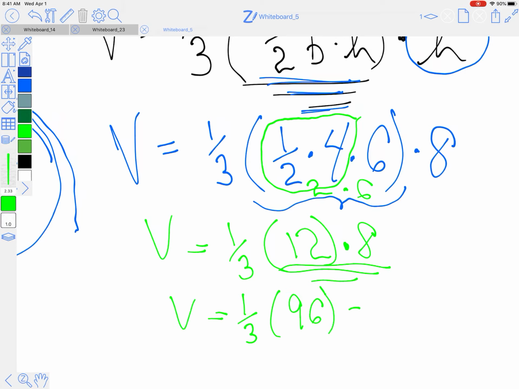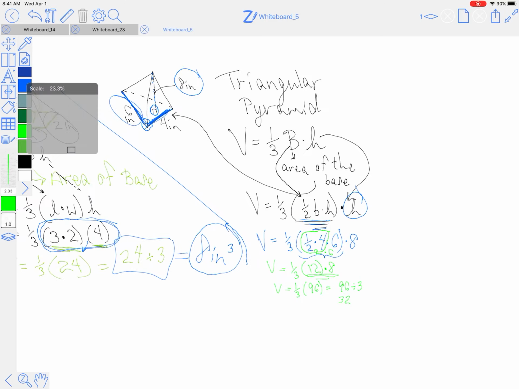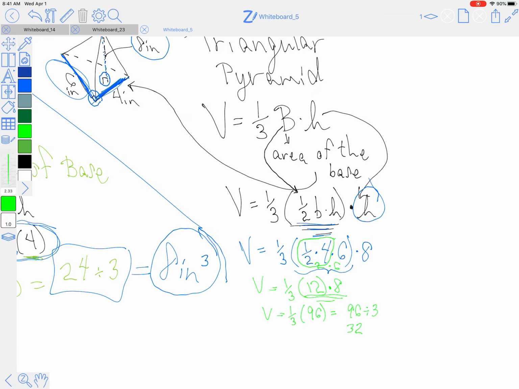Multiplying that by 1/3 is the same as dividing it by 3. And I get 32. And again, we need to make sure we answer this correctly. I'm talking about inches again. If we look back up here, inches again.